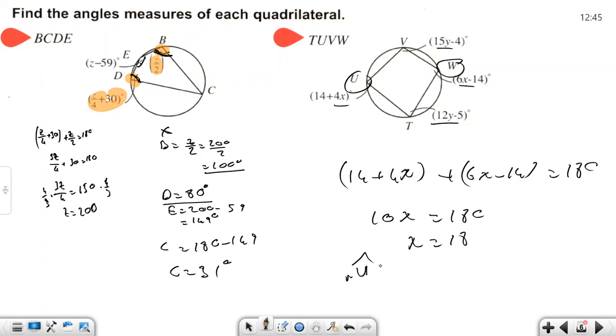So measure of u, it's equal 14 plus 4 times 18 degrees. 4 times 18 is 72. It's equal 14 plus 72. It's equal 86. If u is 86, w equal 180 minus 86. It's equal 94. That's the end of this example.